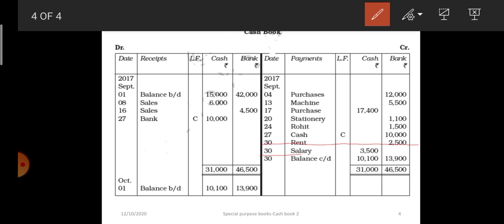Nothing is mentioned about a check, so it goes in the cash column: By Salary 3,500 rupees.